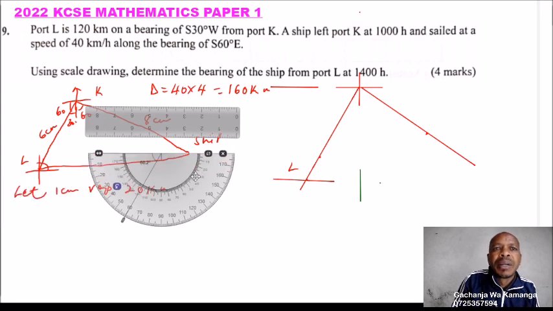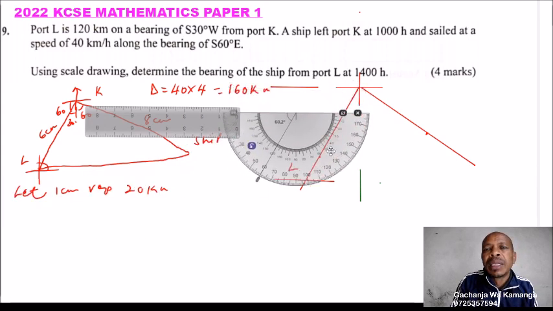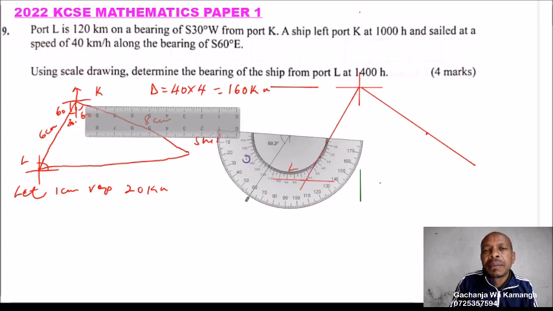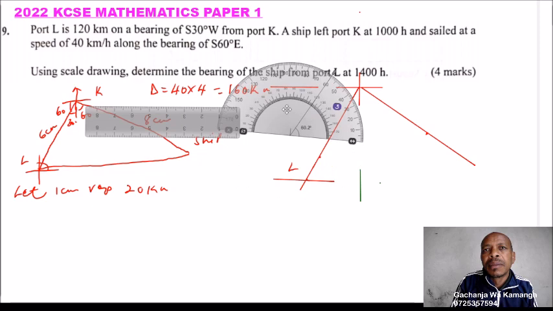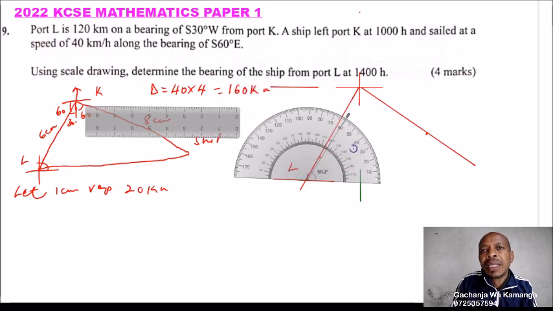So we take our protractor there, and we use that. We can use this line here and get our vertical line. So that is where we have 90.